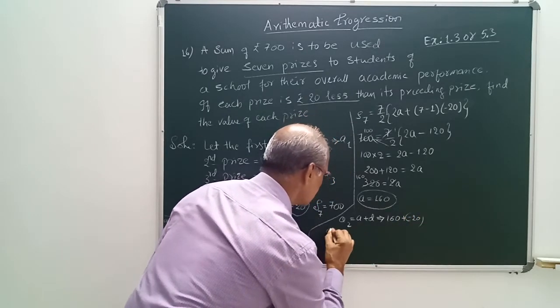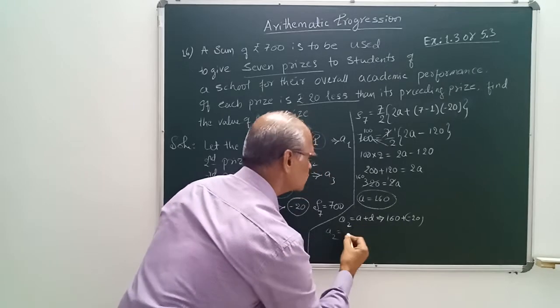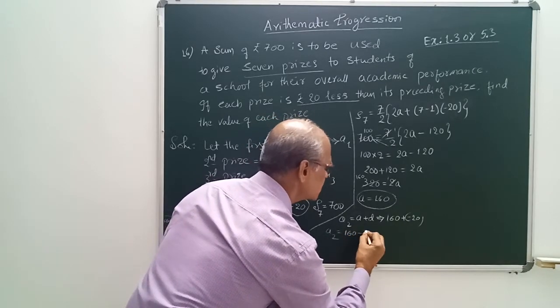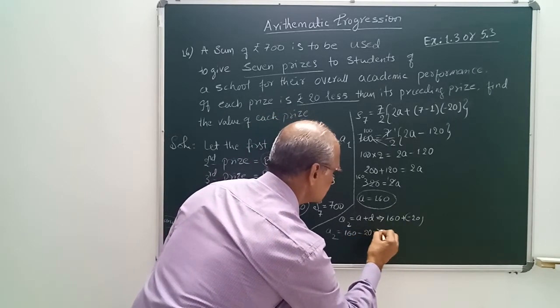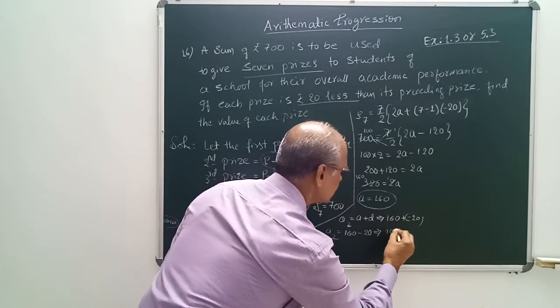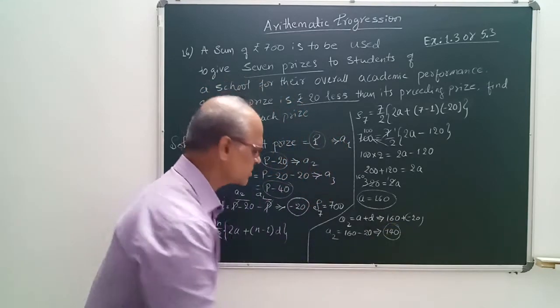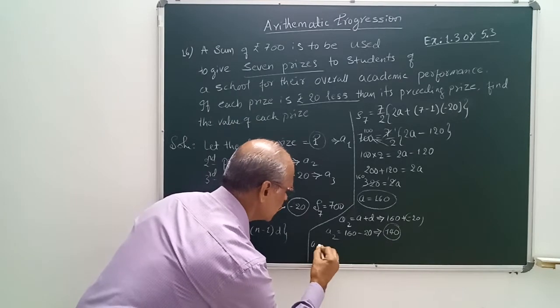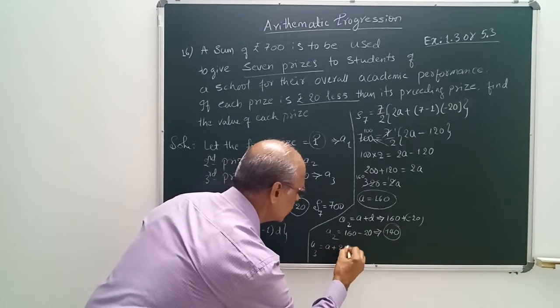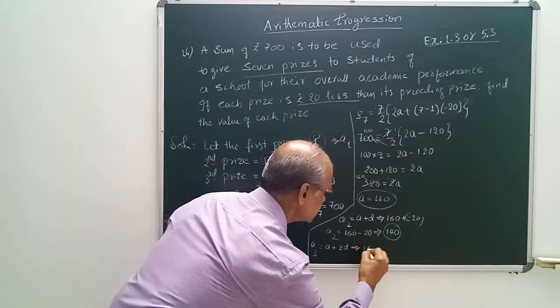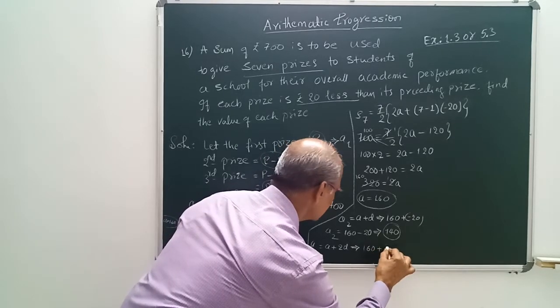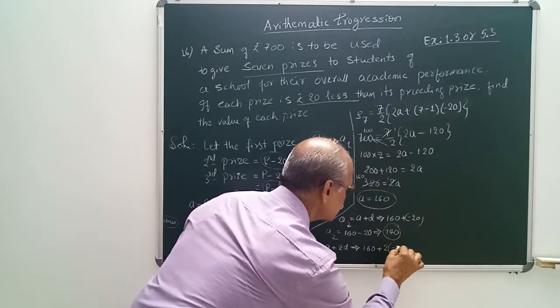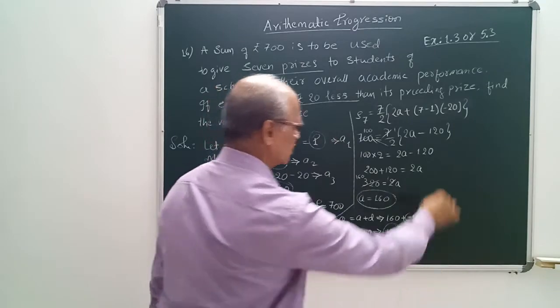So A2 is equal to 160 minus 20, that is 140. Greater numbers take the plus sign. What is A3? A3 is equal to a plus 2d, 160 plus 2 into minus 20, right?